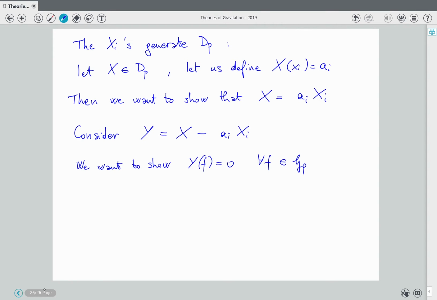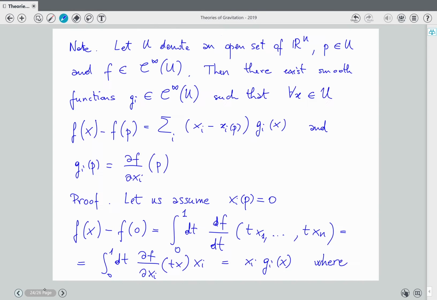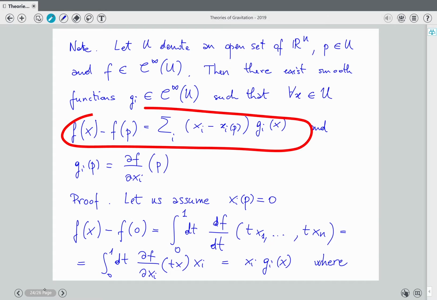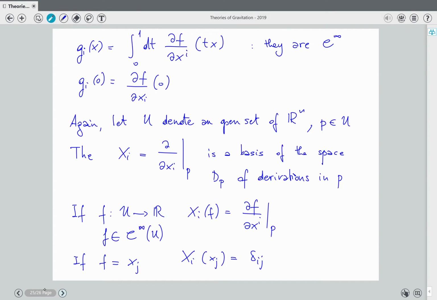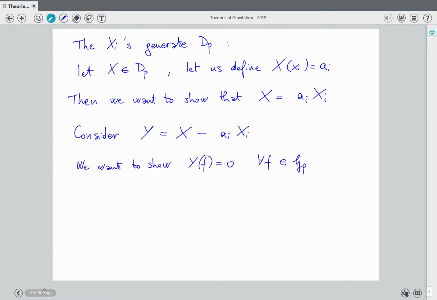And that's where the theorem we proved earlier, which was this one, for writing conveniently the function f, will become useful. So first we compute y on, again, the simple functions xi.